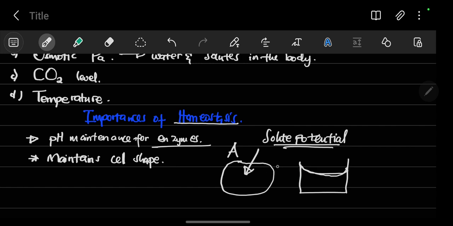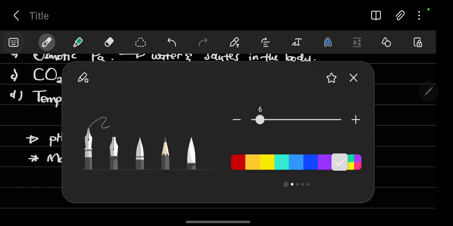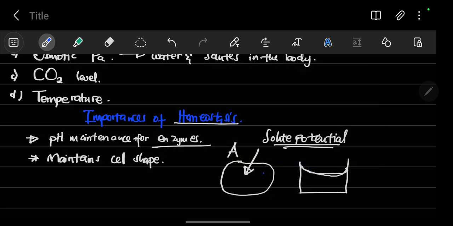If we put this cell in that beaker, do you know what is going to happen? Water is going to move from regions of its high concentration, because now if this is dilute water, then water is concentrated here. The concentration of water is high.